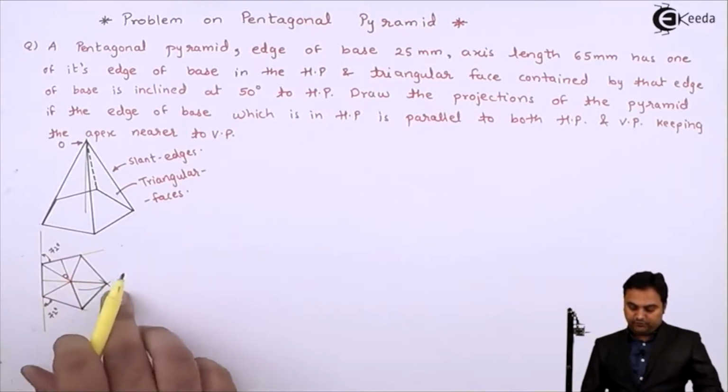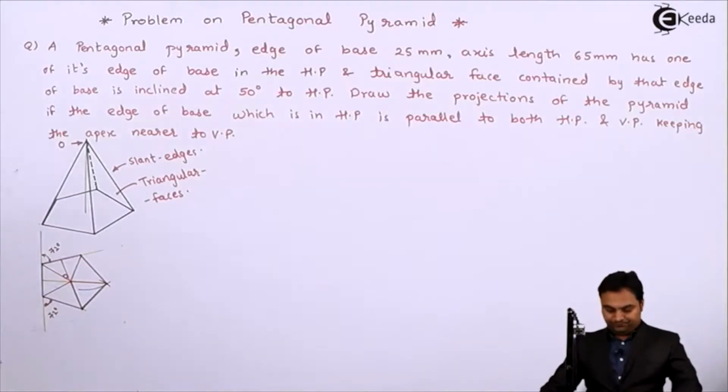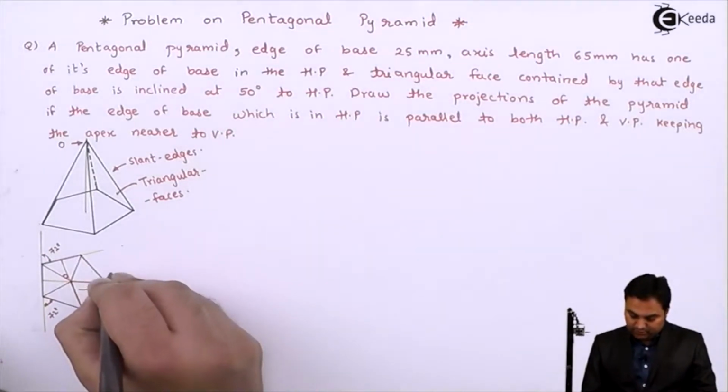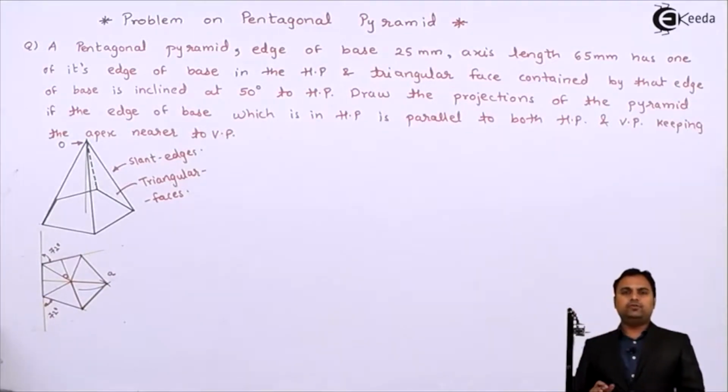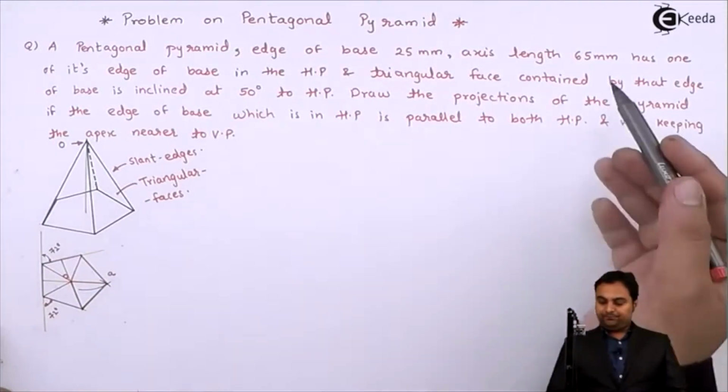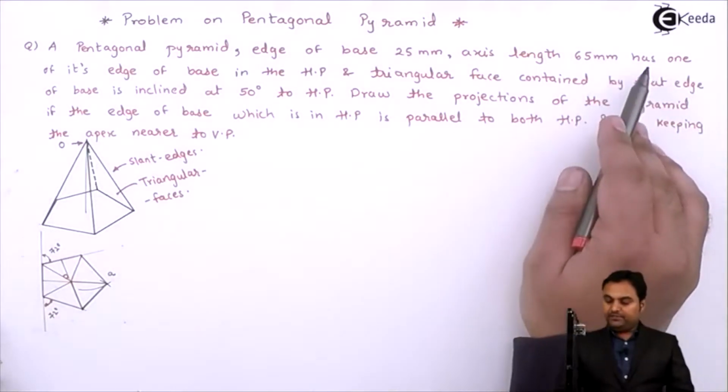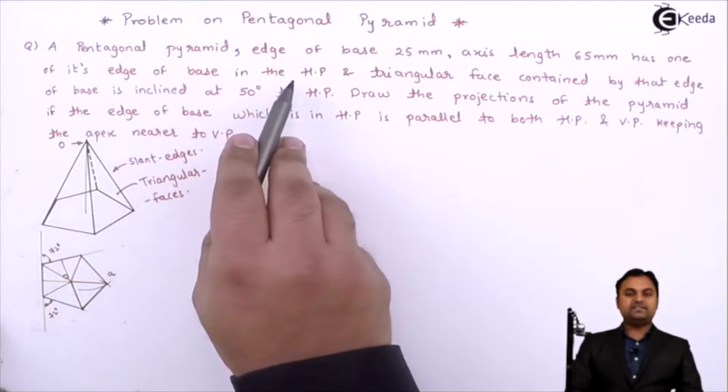In the other method, it would be resting at its edge. Now here I'll say that the corner on which it is resting is corner A. So in the question, the condition given is the pentagonal pyramid has one of its edge of base in HP.